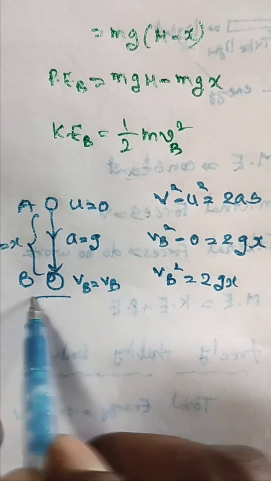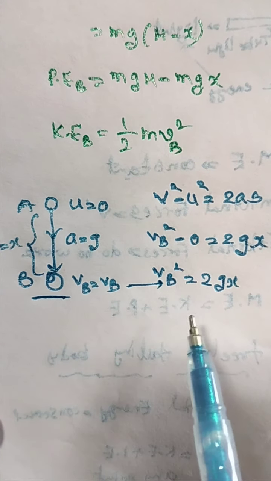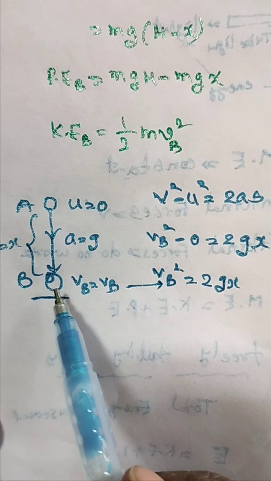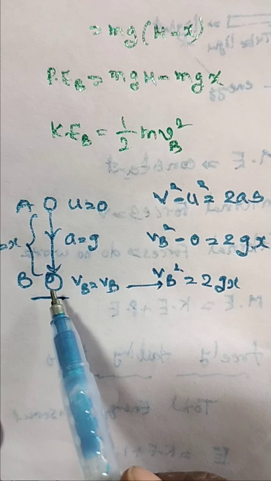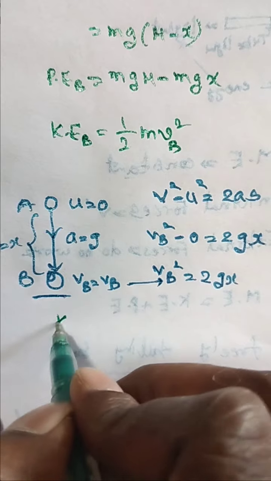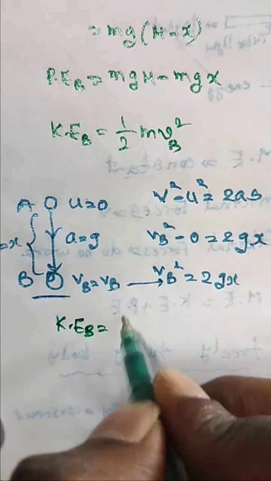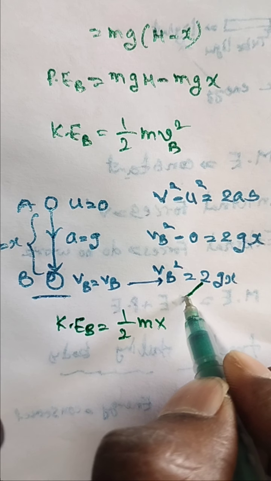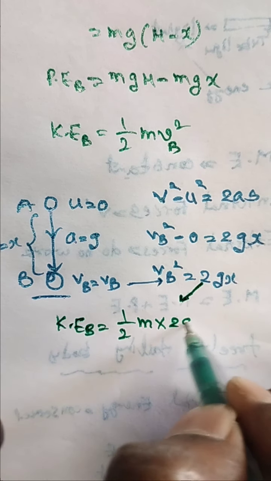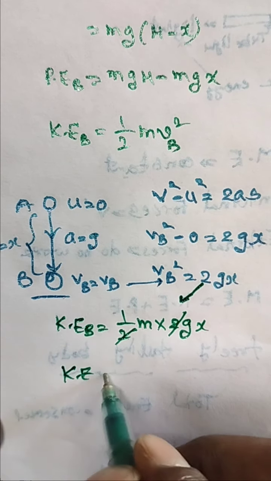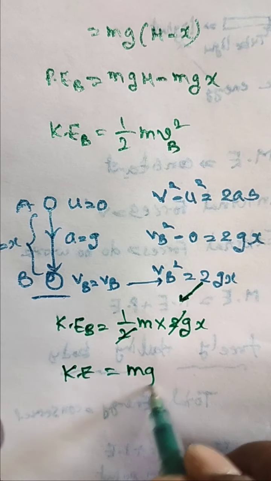This is the velocity at point B. We know the kinetic energy formula at the B position is half m vb square. Substituting vb square as 2gx, the 2 cancels, so the kinetic energy is equal to mgx.